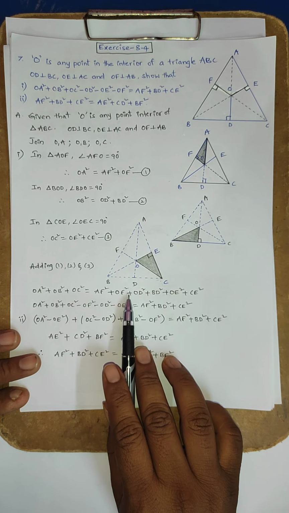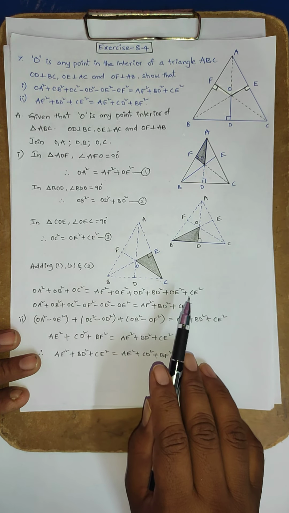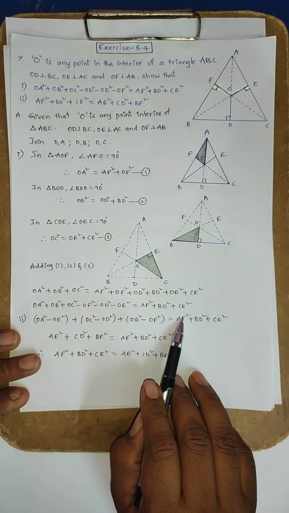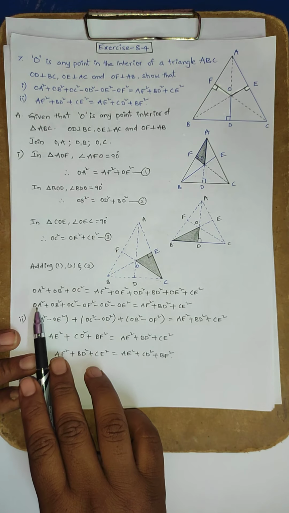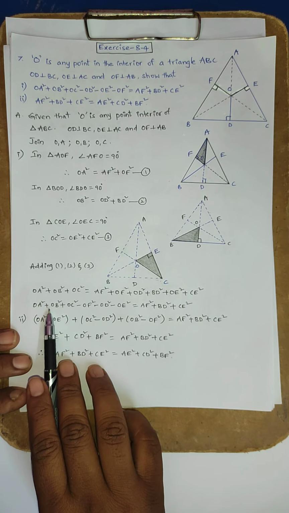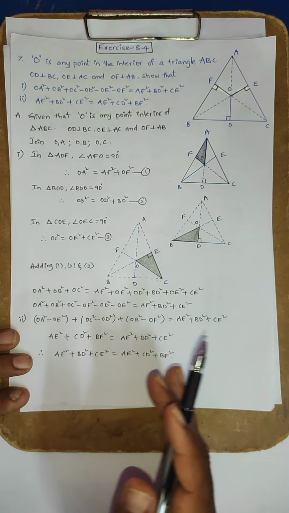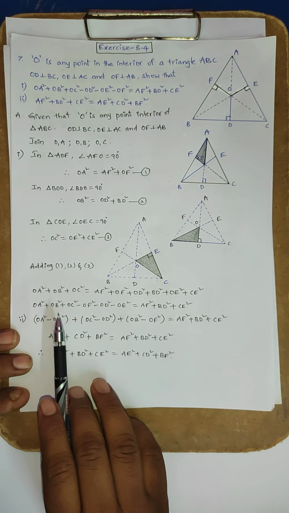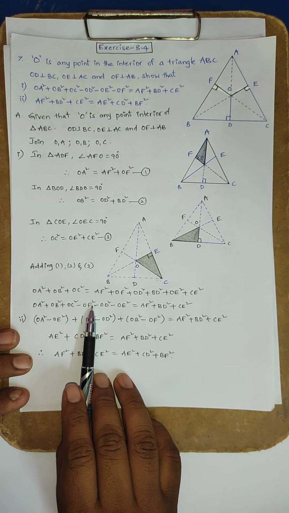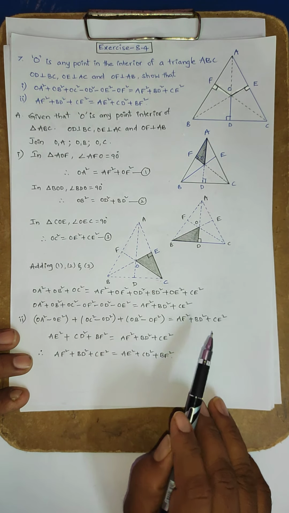Just AF, BD, CE we keep this side, and the remaining all we send to the left hand side. Now OA square minus OE square we are arranging, OC square minus OD square, OB square minus OF square is equal to the remaining.